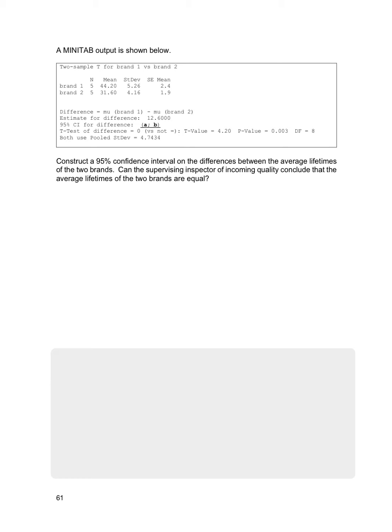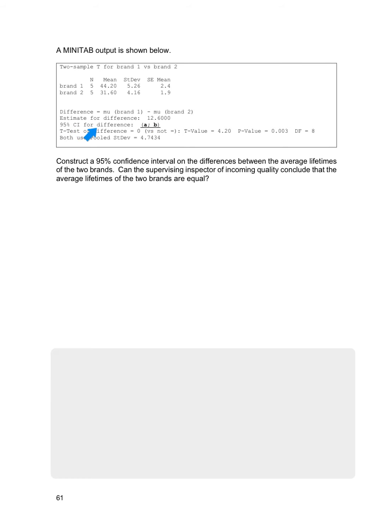Okay, so we have information on brand 1 and brand 2, the values for their mean, standard deviation and standard error mean. Okay, so apa yang dia buat, dia cari difference between brand 1 minus brand 2. So the difference is 12.6. Okay, this is calculated by 44.2 minus 31.6, so we get 12.6.